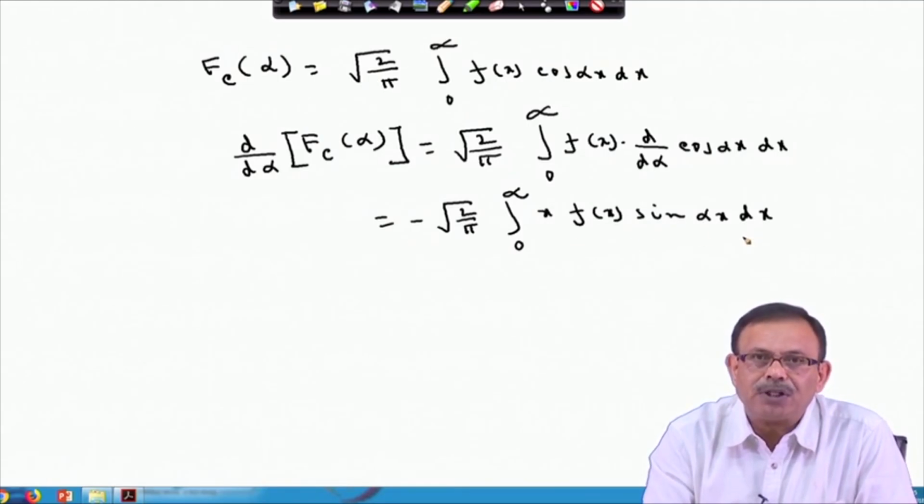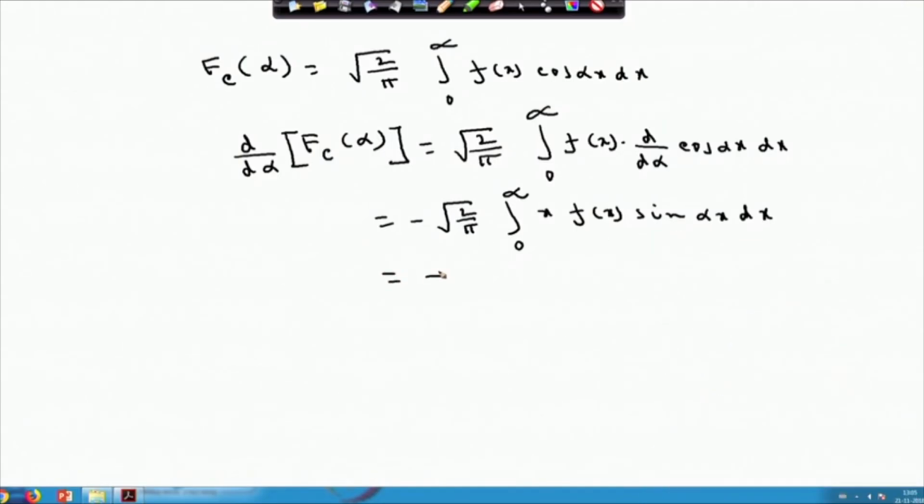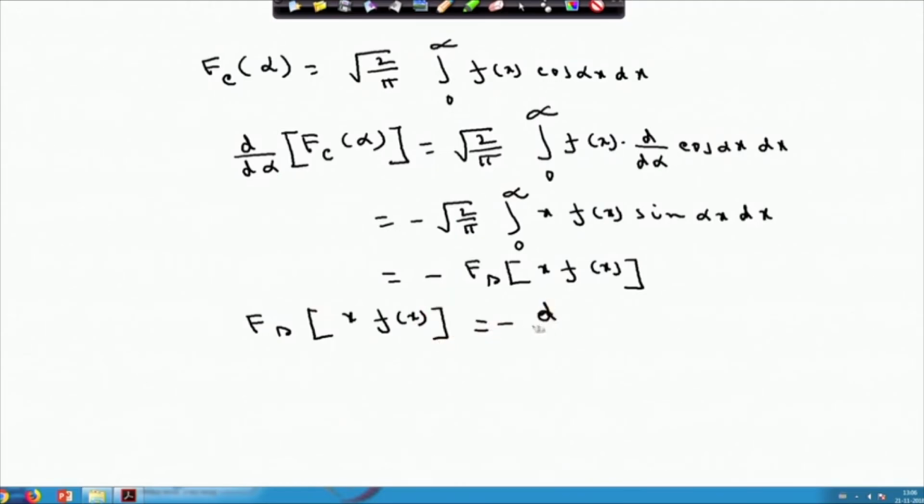So, we can write it as minus Fourier sine transform of x into f x. Therefore, I can write down the Fourier sine transform of x f x equals minus d by d alpha of the Fourier cosine transform of alpha.